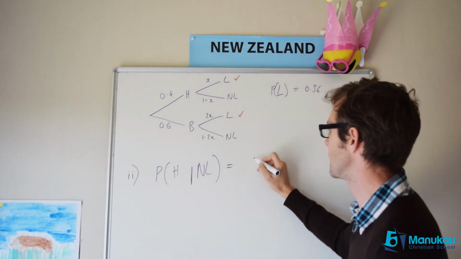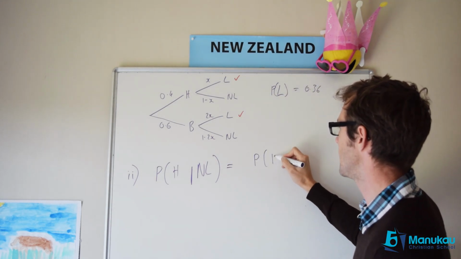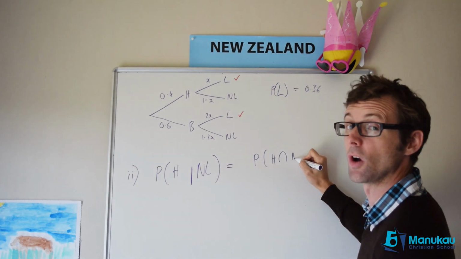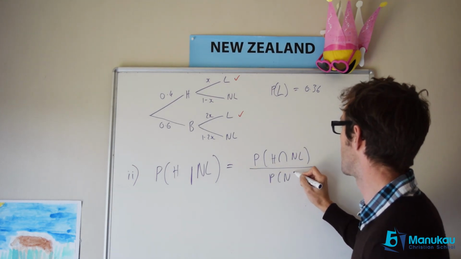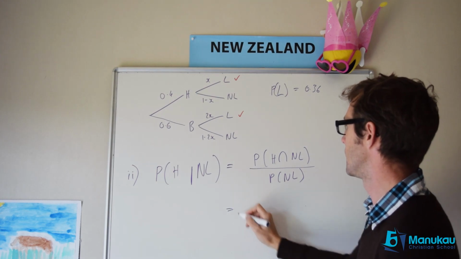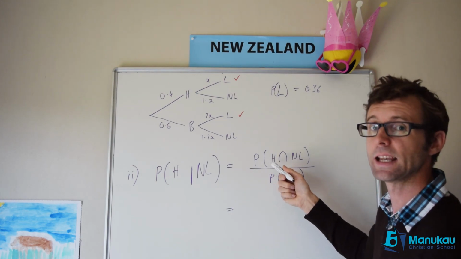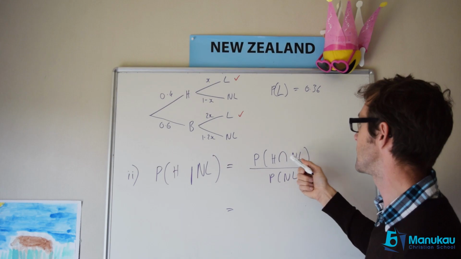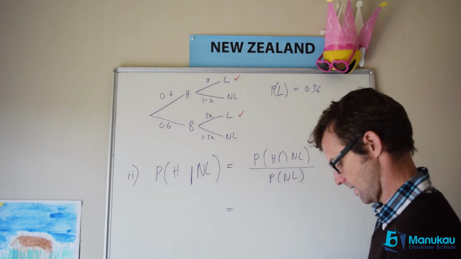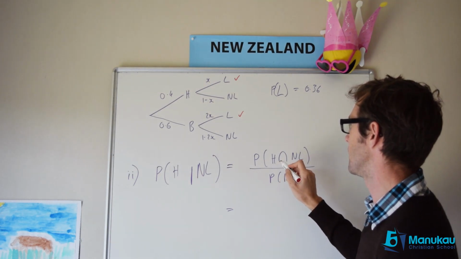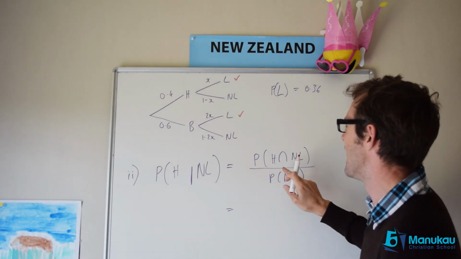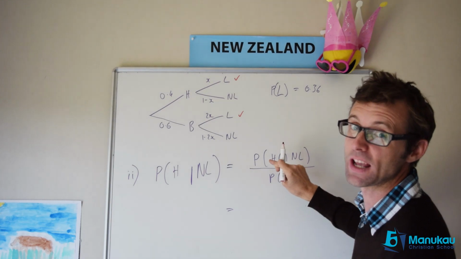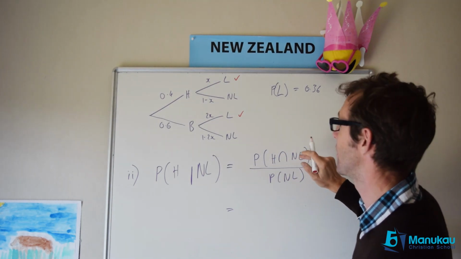And we can say that this is equal to the probability of hilly intersection not late divided by the probability of not late. What's the probability of hilly intersection not late? In other words, what is the probability that he takes the hilly route and also that he's not late?